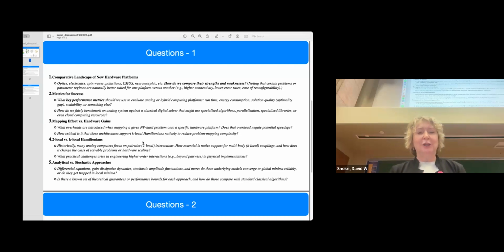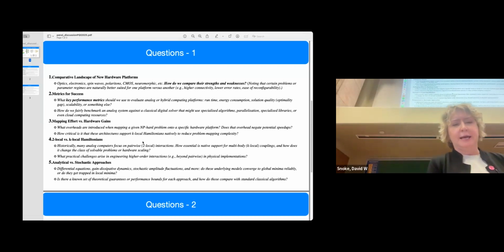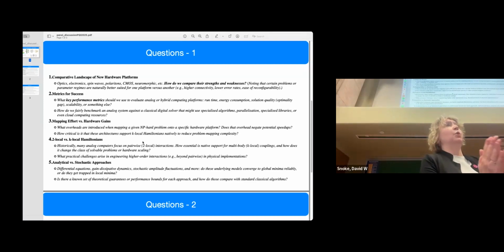There are a lot of questions, but now we understand it much better, perhaps than 4 years ago, the mapping effect and hardware gains. For instance, we know that if we have a k-local problem, we can map it on Ising, but there is an overhead, of course, and this is a superlinear overhead.